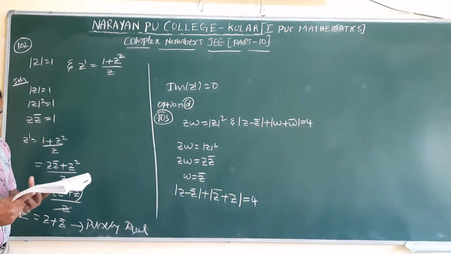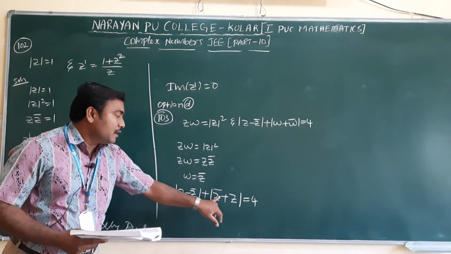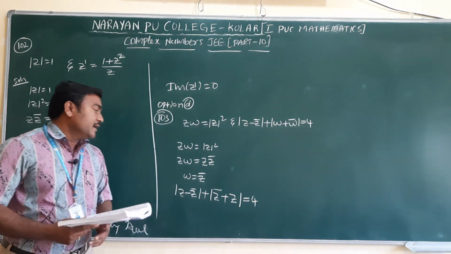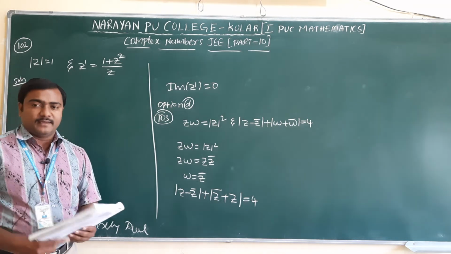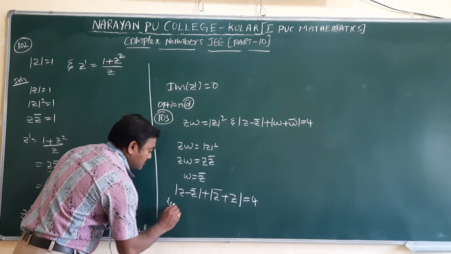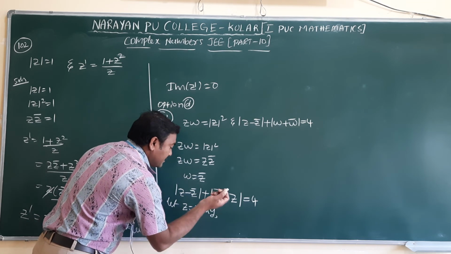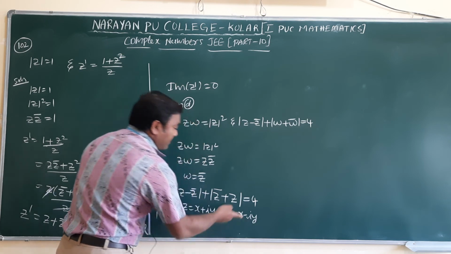Now you know the condition: modulus of z minus z bar plus modulus of z bar plus z is equal to 4. Here let us take z is equal to x plus iy, then the z bar value is x minus iy, the conjugate of this complex number.